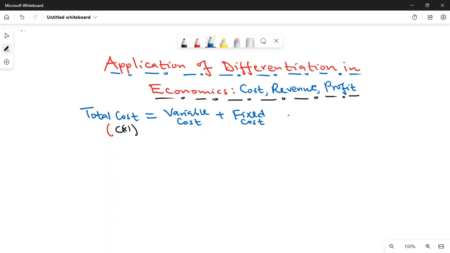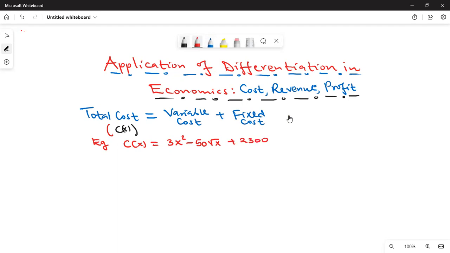Now, fixed cost is a constant. An example, we can say, e.g., C of X is equal to 3x squared minus 50 root X, that's 50 root X, then plus 2300.